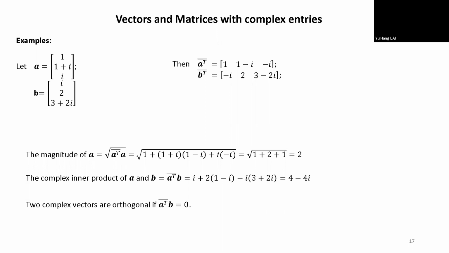If I now have two complex vectors, and I find that their dot product is 0, then I will say these two complex vectors are orthogonal. This is a natural generalization of the concept we have for real vectors. However, in real vectors, orthogonal essentially means perpendicular, but here I'm not able to actually draw pictures of the two vectors.